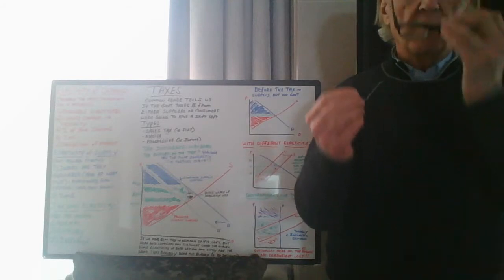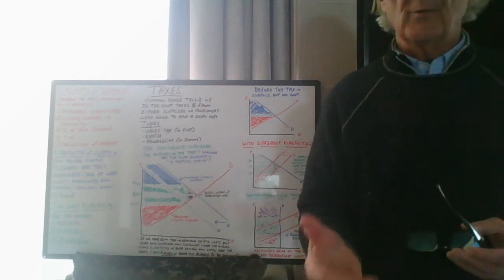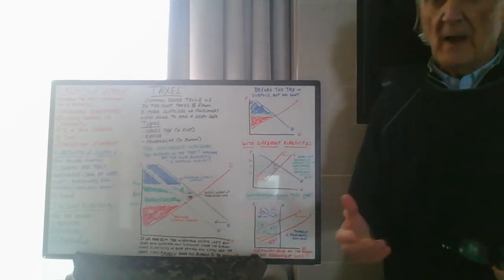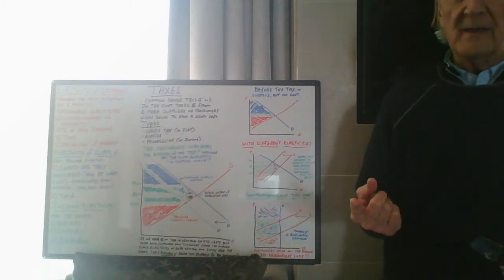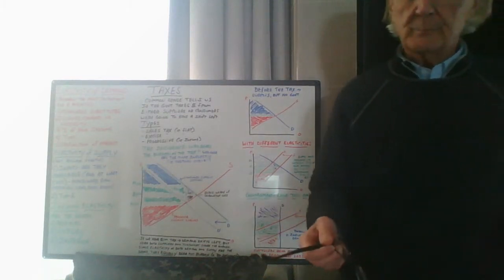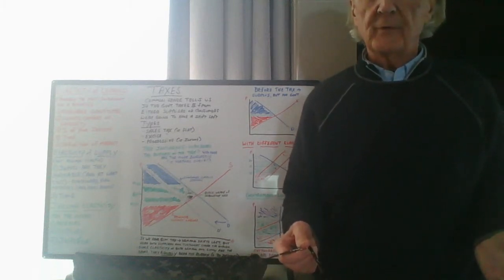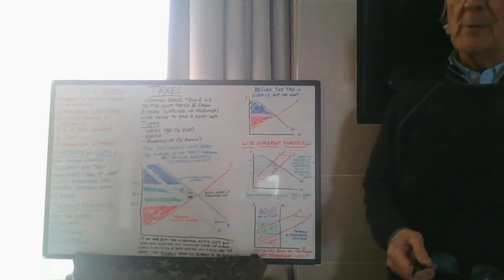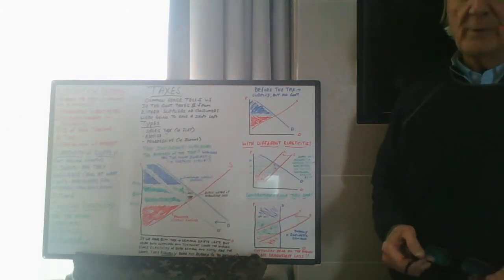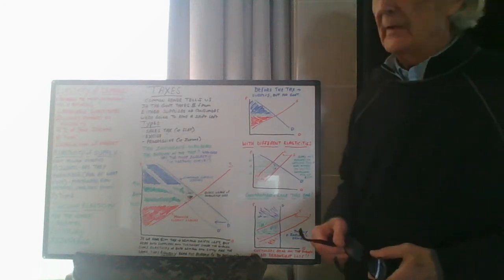If there are not any substitutes available, for instance, if you contracted a serious disease and there was only one pharmaceutical company that made that drug and there's no other substitutes, well, unfortunately, you're pretty stuck. It's going to be a rather inelastic demand curve for that particular vaccine.